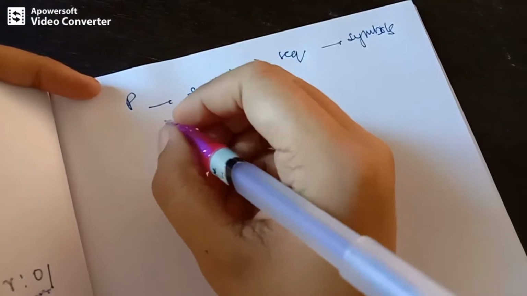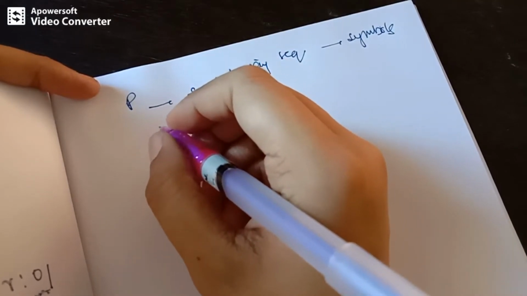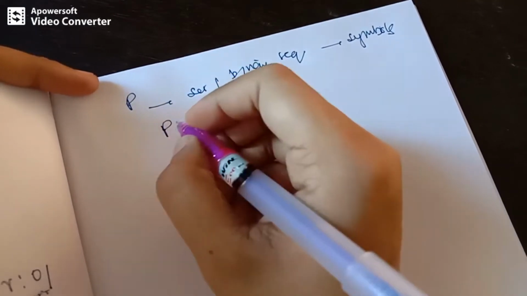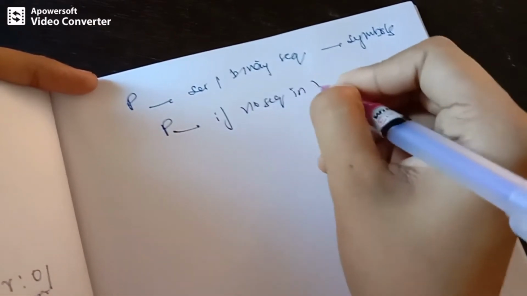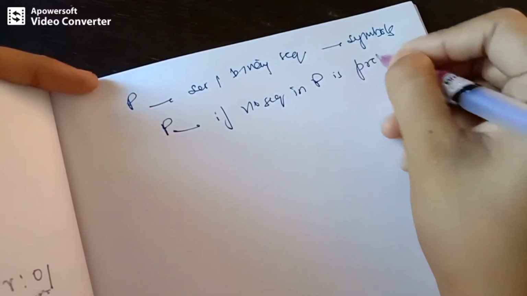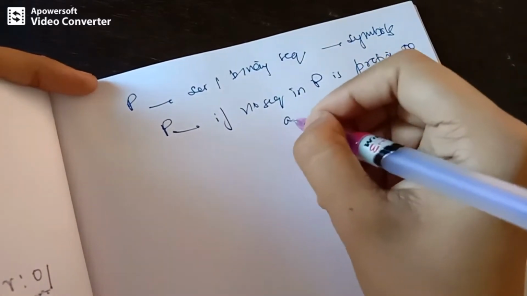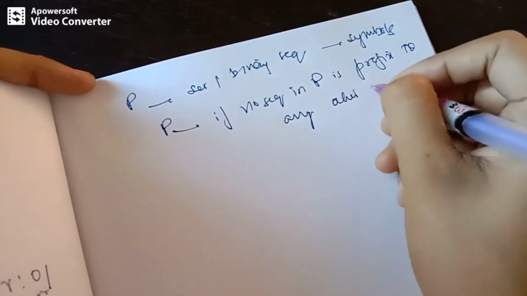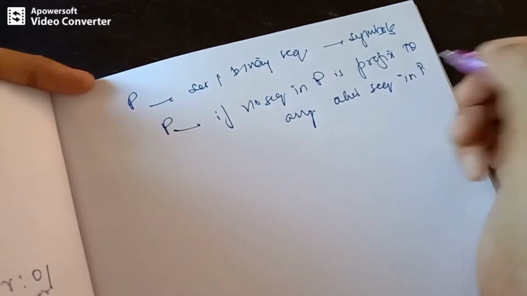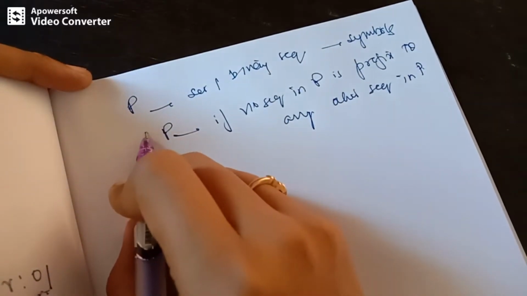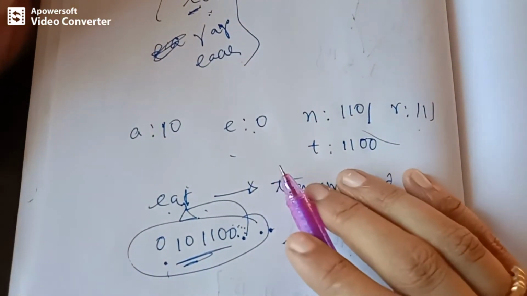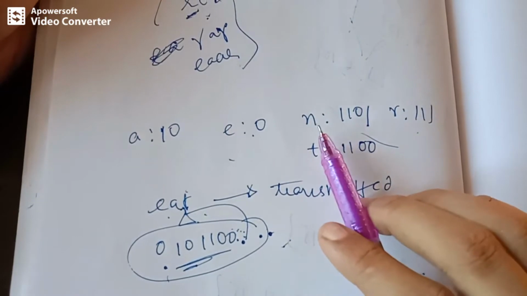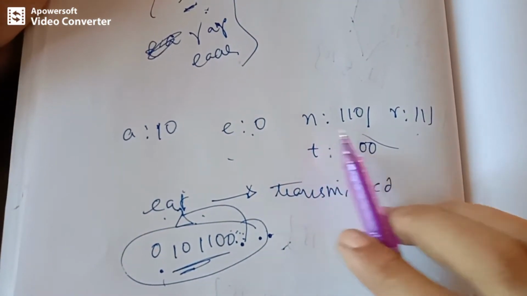When do we say P is a prefix code? If no sequence in P is the prefix to any other sequence in P. So P denotes the set of binary sequences like this, and it is called a prefix code if no sequence in P is the prefix to any other sequence in P.